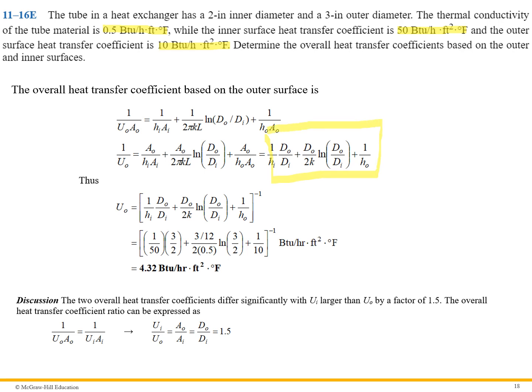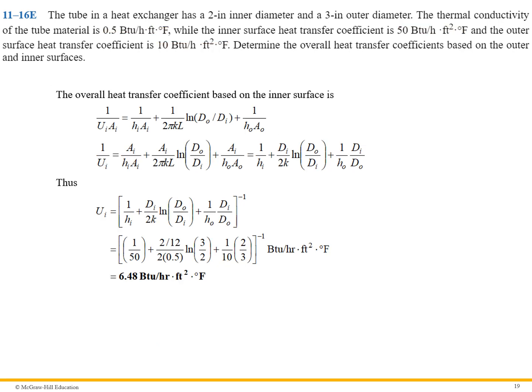Based on that, we can solve for Uo and plug in the values for the inner and outer diameters we're given. We can calculate the outer overall heat transfer coefficient as 4.32 BTUs per hour feet squared degrees Fahrenheit.